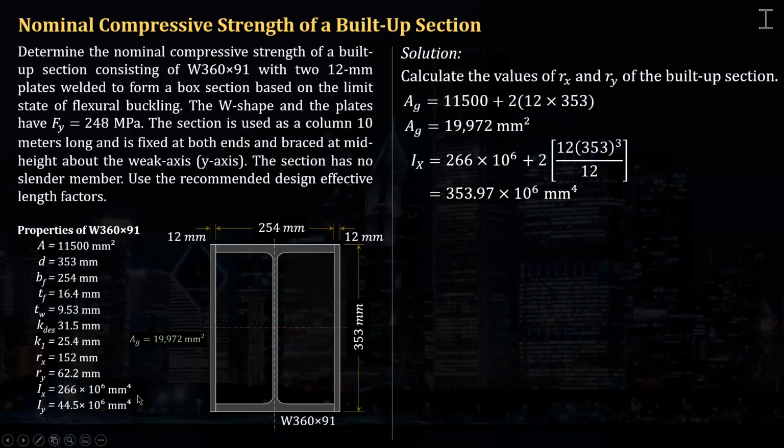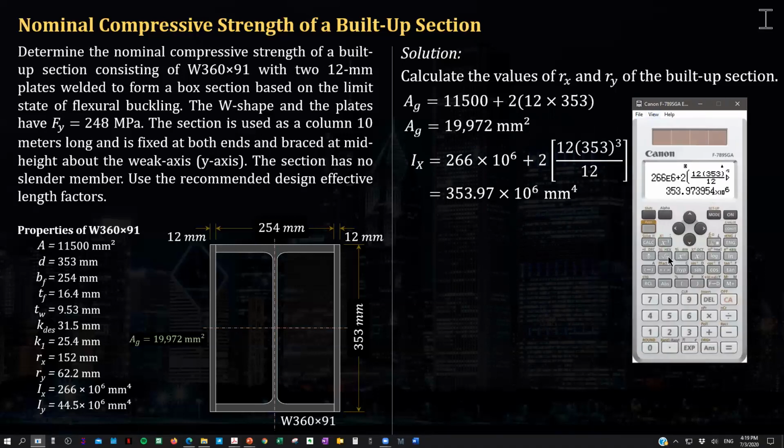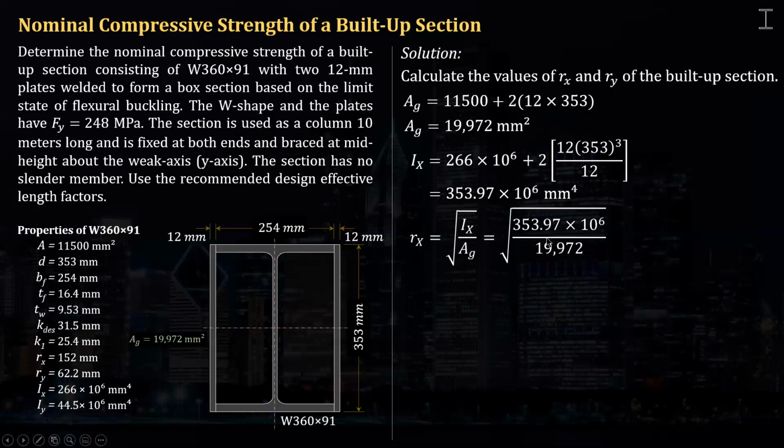The rx is equal to the square root of Ix over the total area, so the square root of 353.97 times 10 raised to 6 over 19,972. That will give us 133.13 millimeters.